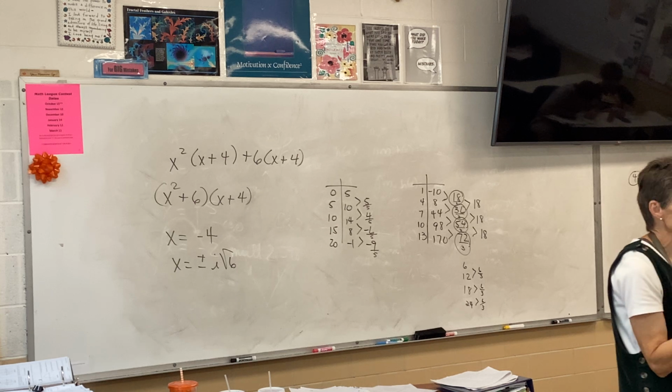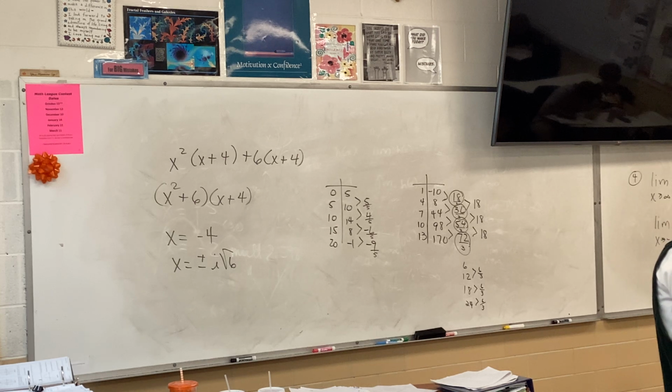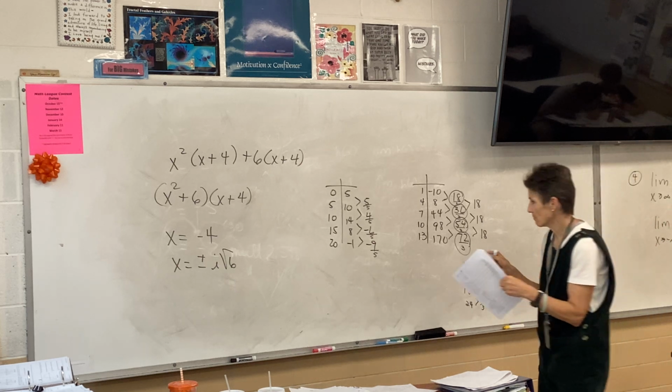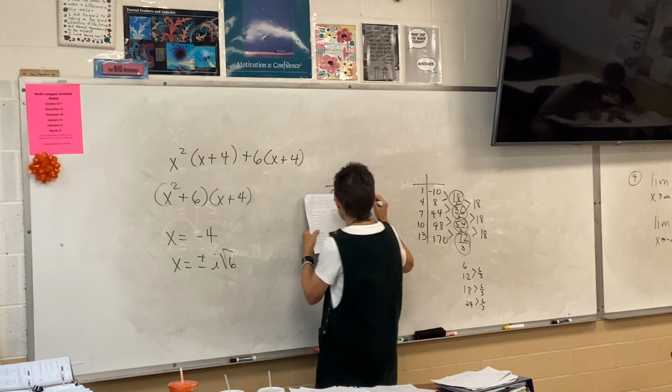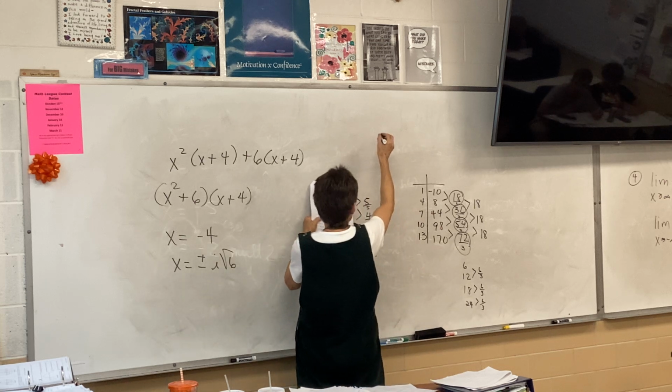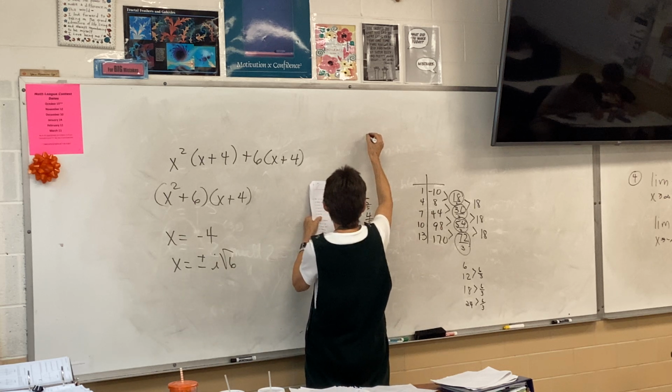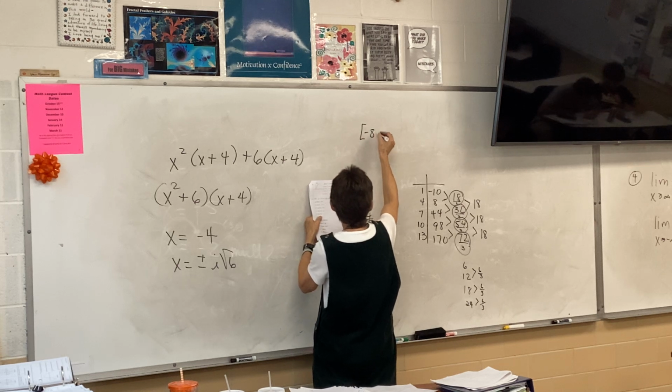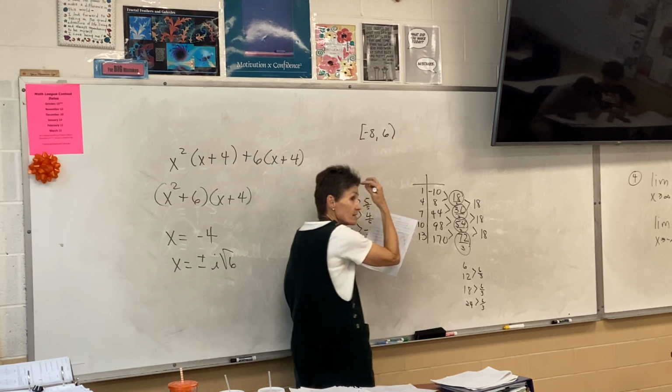Those, by the way, tell me about brackets and parentheses for that. For letter E, where it's positive, that would be -8 to 6, like this.